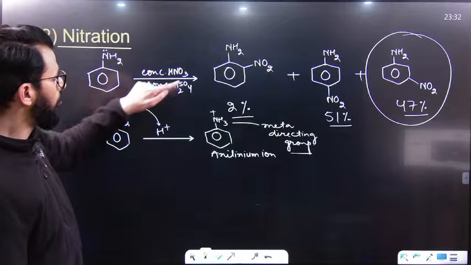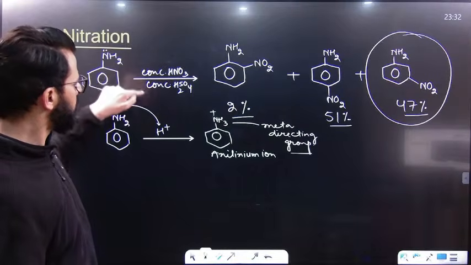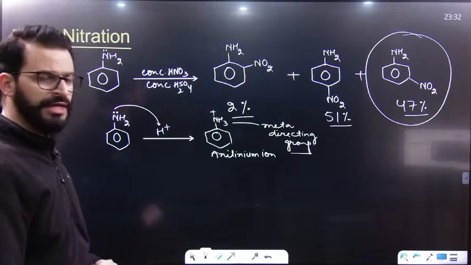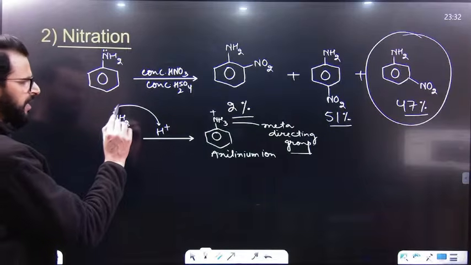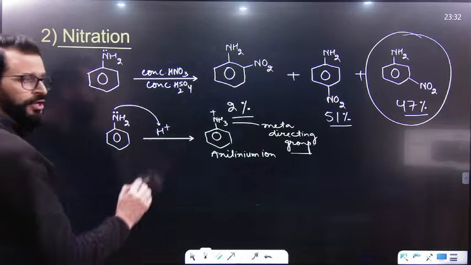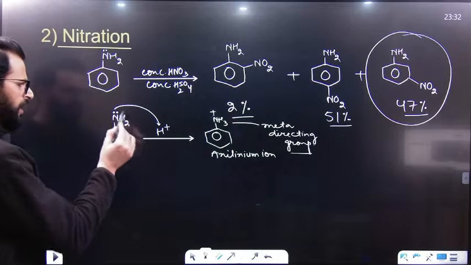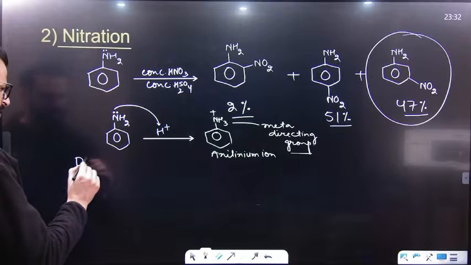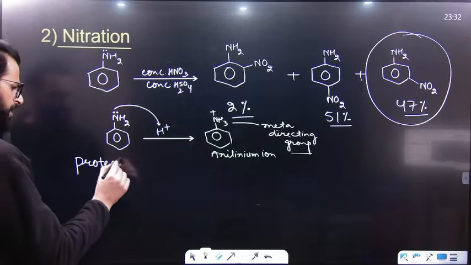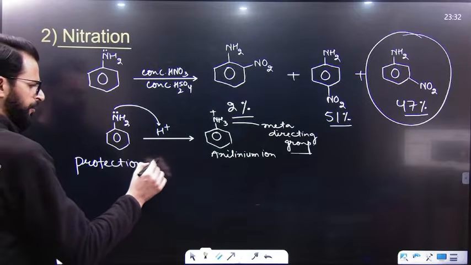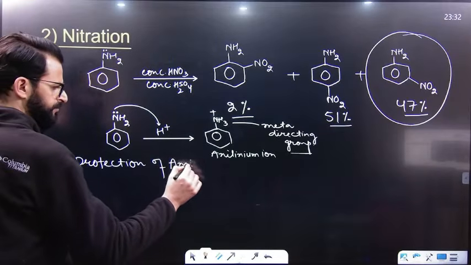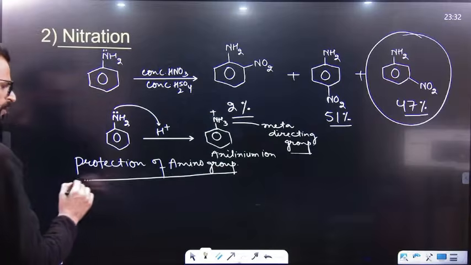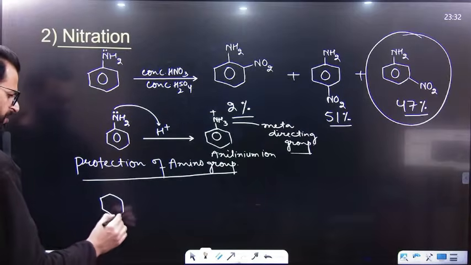But we have to conduct this reaction in acidic medium, so we cannot change that. The second thing is that this aniline should not give its electrons to H positive. That means we have to decrease its electron donating nature, and we can do that by protection. So once again, protection of the amino group takes place. Because by protecting this amino group, what will happen? Have a look. First, we will do acetylation.